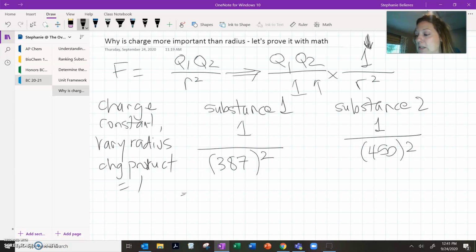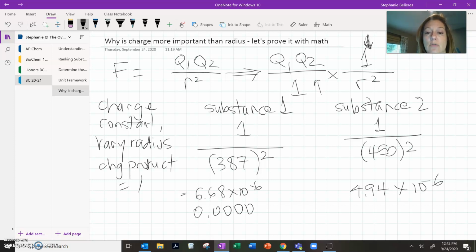When I plug this in and find a value, rounded to sig figs, this one is 6.68 times 10 to the minus 6, and this one is 4.94 times 10 to the minus 6.